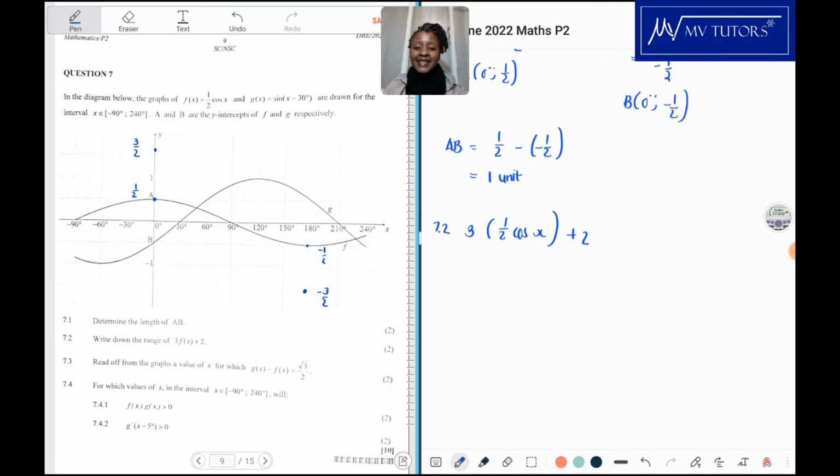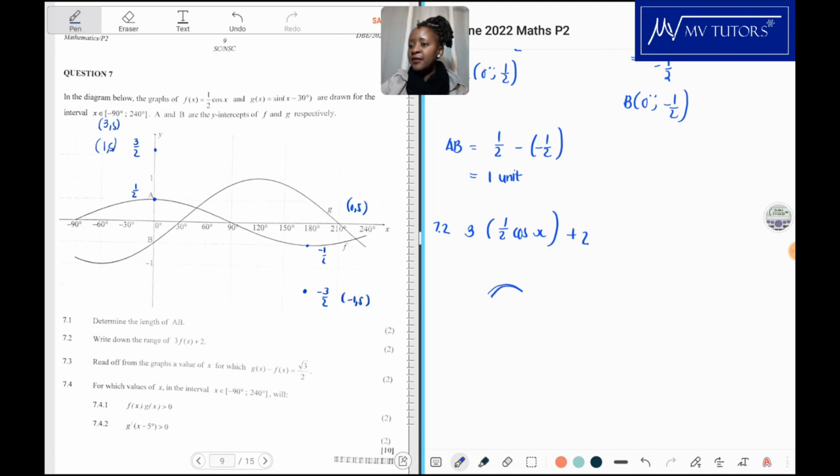Now you add 2 units up. If I have 1.5 plus 2, it's going to end up being 3.5. And if I have negative 1.5 plus 2, that's basically going to be positive 0.5. So then I know my maximum is somewhere there and my minimum is somewhere there.